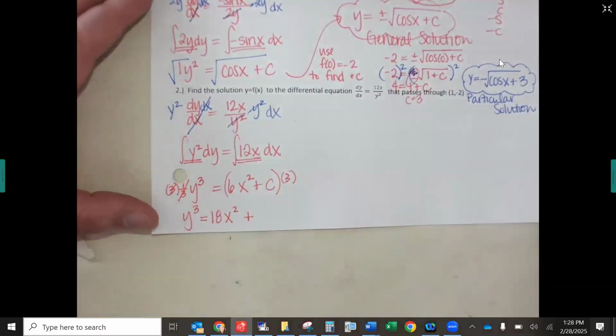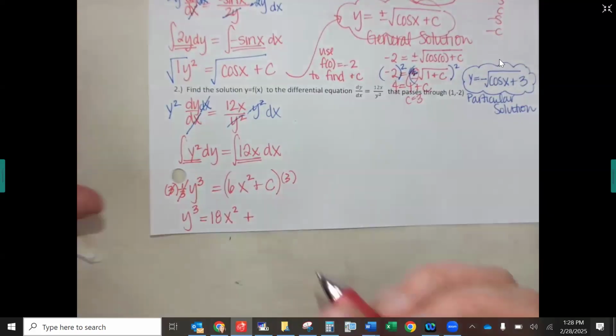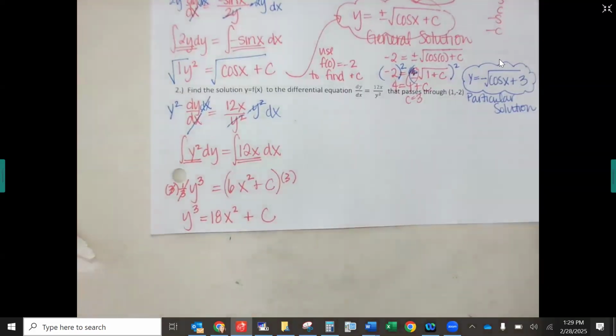Now this is a little bit weird, but just trust me on this. Do we know what c is? Then if we times it by 3, we're not going to call it 3c. We're just going to keep it plus c, because we already didn't know what it was to begin with, so we still don't know what it is. We're just going to keep calling it c until the very end, when we actually find it.